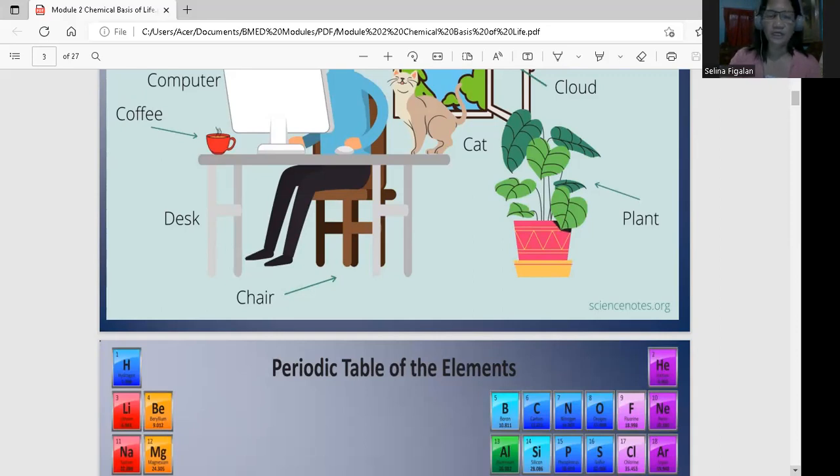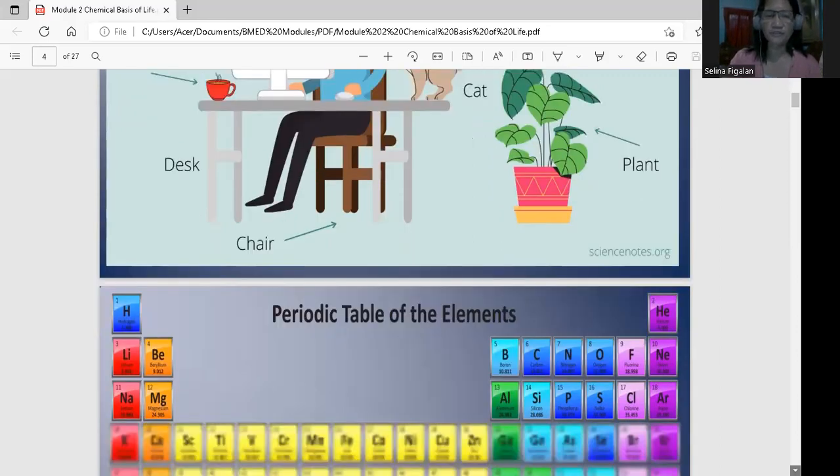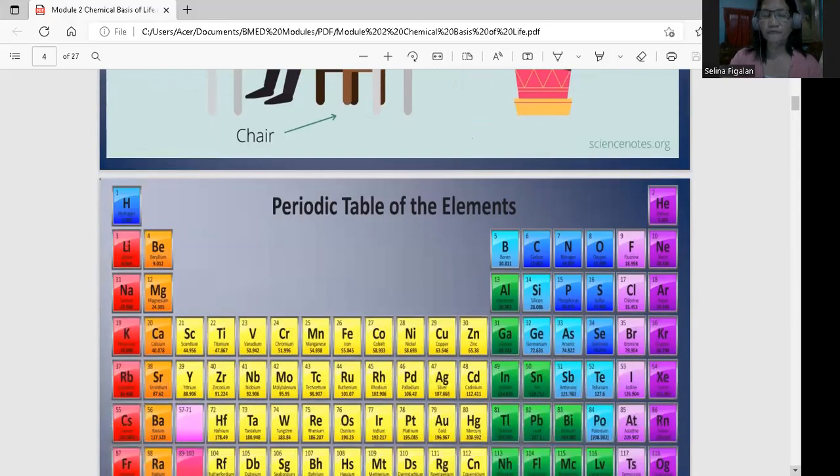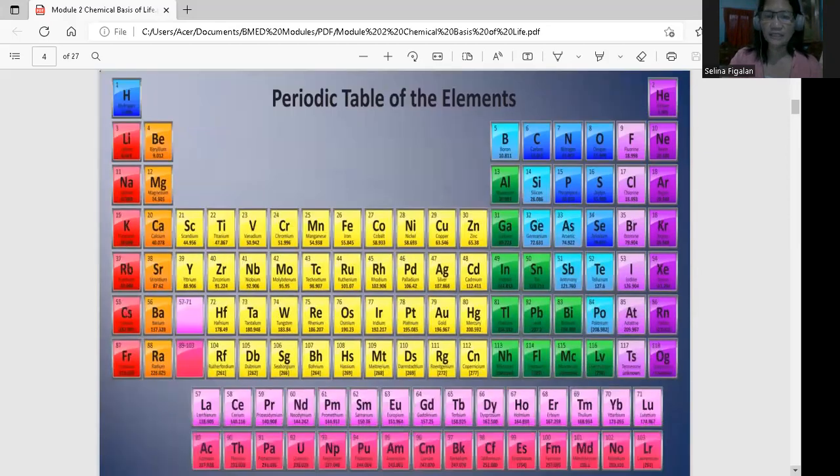And there are essential elements which are found in your periodic table of the elements. As we all know, this is the latest periodic table that I have seen, 115 elements, and some of these are considered essential elements.